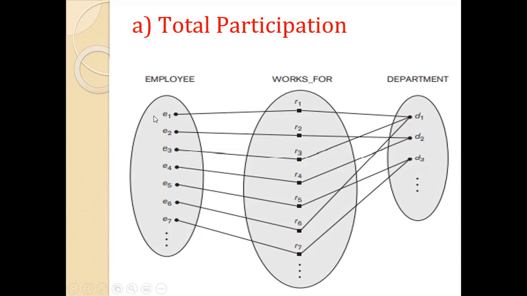Everyone has participated mandatorily, so this is referred to as total participation. Total participation means all instances, the complete set of instances of an entity type, must participate in the relationship.